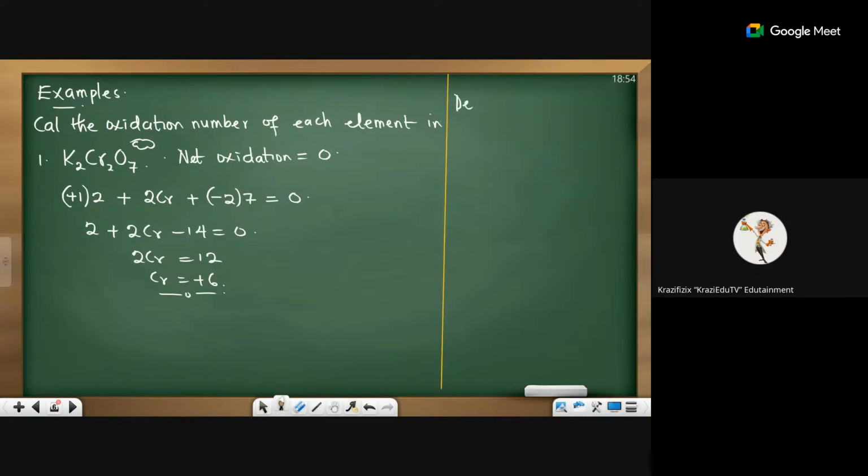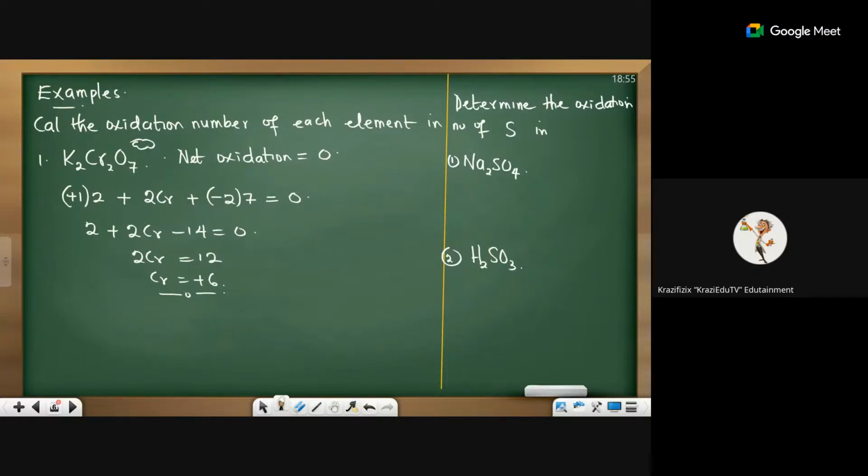Determine the oxidation number. Let me give you a compound of sulfur in 1, Na2SO4, and number 2, H2SO3.